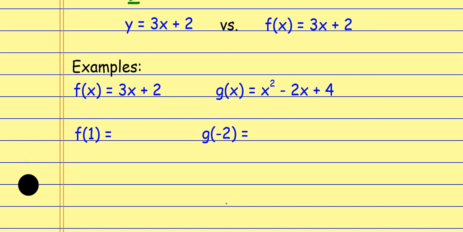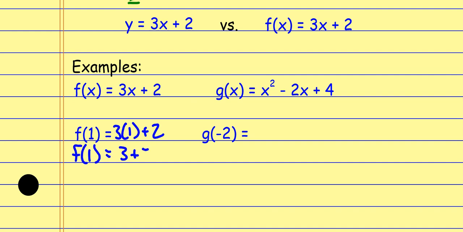And when you input an x, you'll have an x in your equation. But now I want f of 1, so it's telling me that the input is 1. So that just means, hey, plug a 1 in. Ready? See, now instead of having x as my input, I have 1 as my input. All right? What's in the parentheses is what you put into the function. It's the input. And now I just simplify.